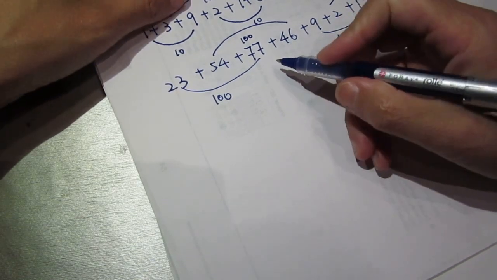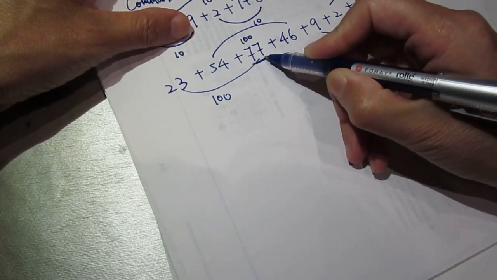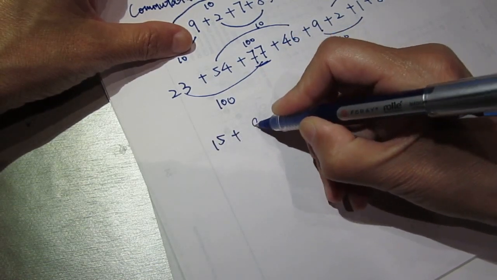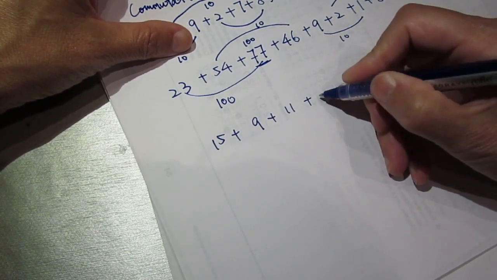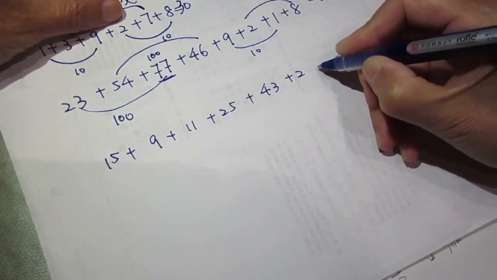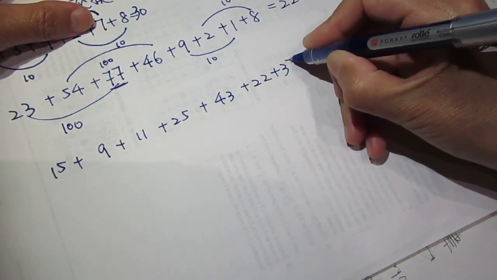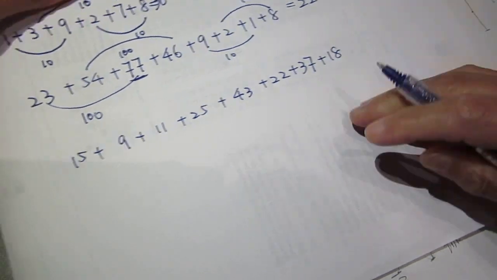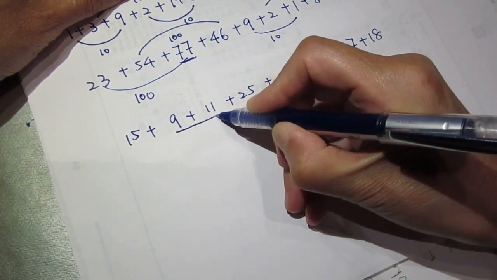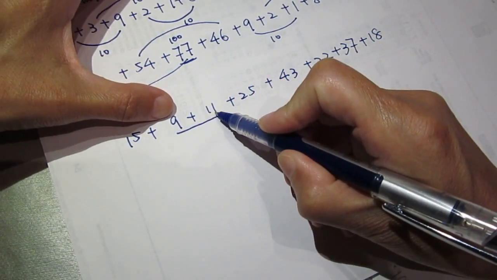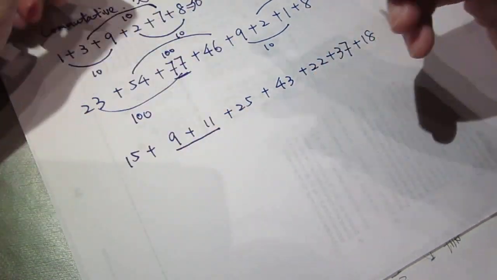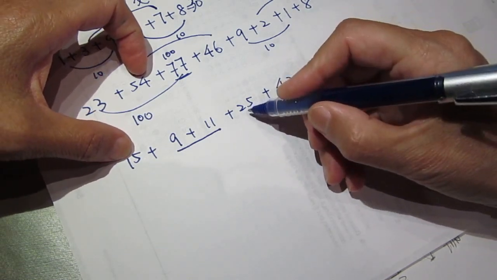Not always does the number come out to 100 or 10. 15 plus 9 plus 11 plus 25 plus 43 plus 28 plus 37 plus 18. Okay, this does not necessarily make 100, but when you see 1 and 9, it's like a magnet. It snaps together.